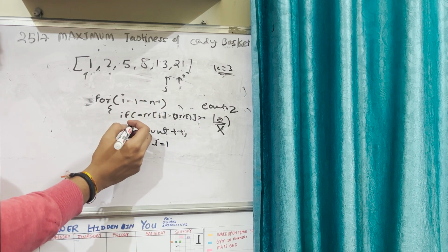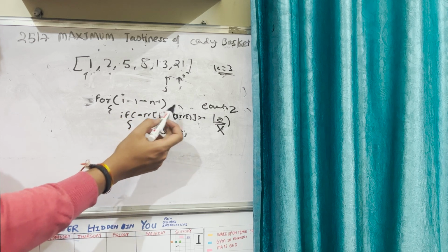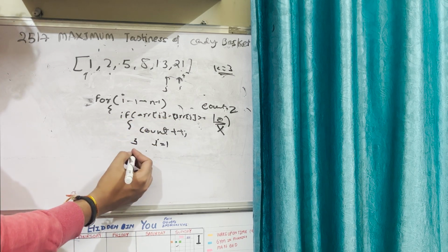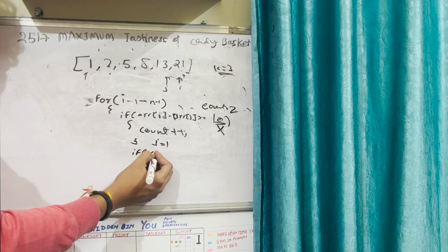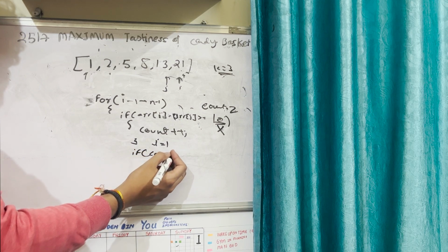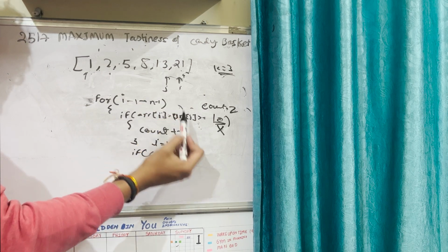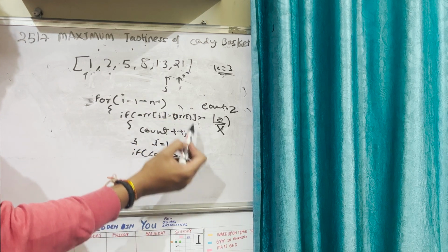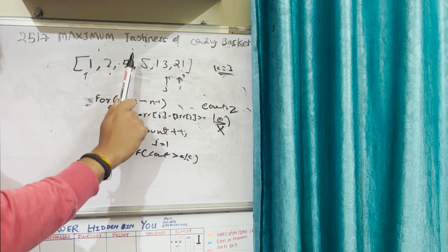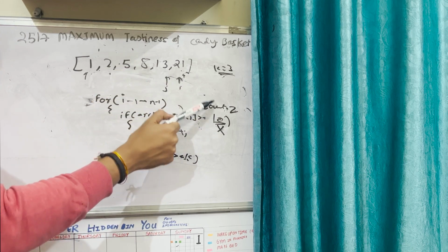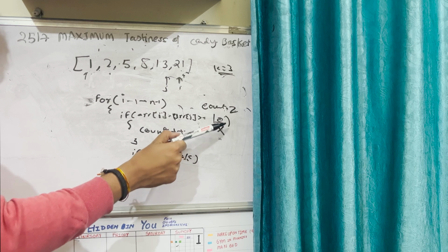Coming back to the code, you check if your count is greater than or equal to k, which means you could find k elements that give a difference of x, 10 in this case.